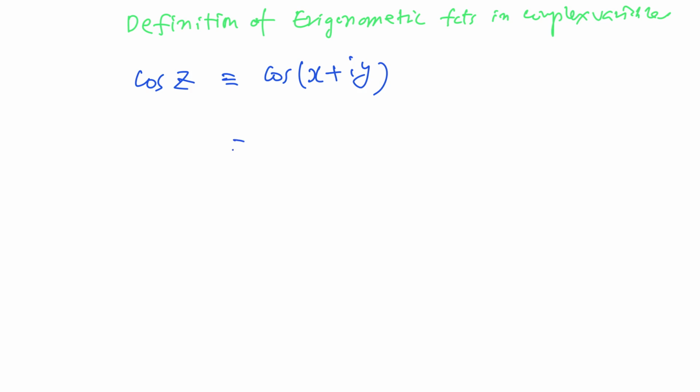So which is defined in the following way: exponential iz plus exponential minus iz over 2, right? Using Euler's formula.